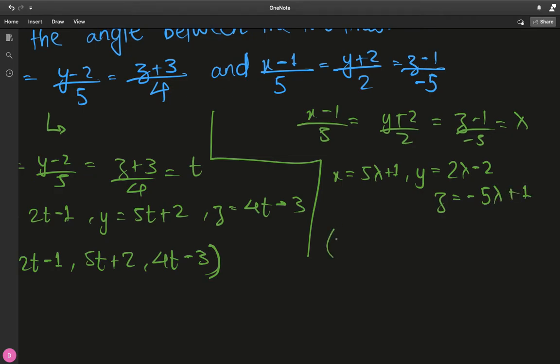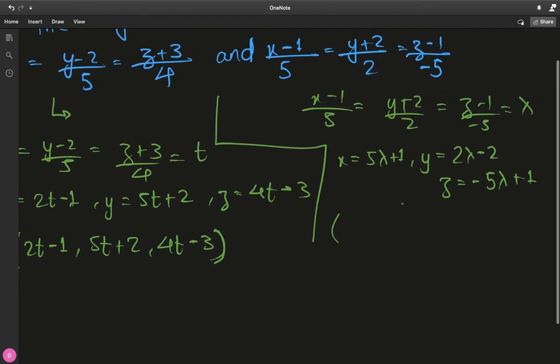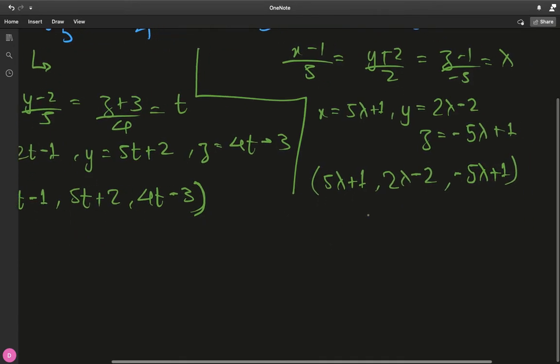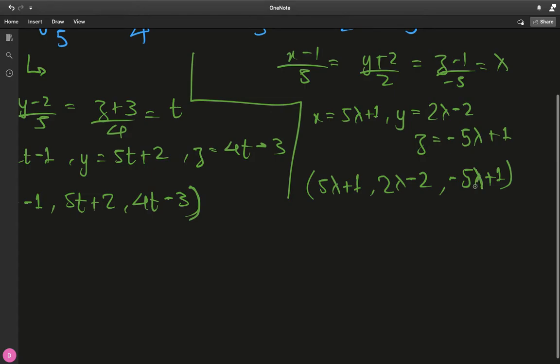So our parameterized line in terms of dynamic points is (5 lambda plus 1, 2 lambda minus 2, negative 5 lambda plus 1), a dynamic point that traces out a line in three-dimensional space as lambda varies.